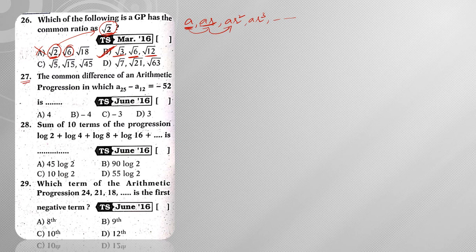Next, question number 27. Common difference of an arithmetic progression in which A25 minus A12 is equal to minus 52. Now what is A25? A25 can be written as A plus 24D minus, and since we have minus, we need to write brackets. A12 can be written as A plus 11D, is equal to minus 52.